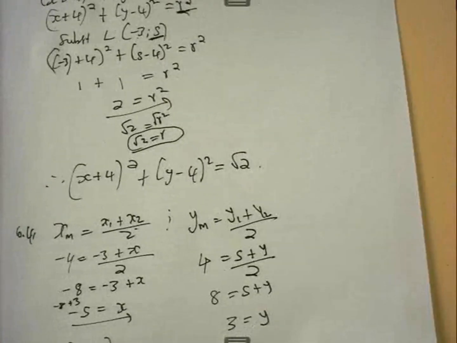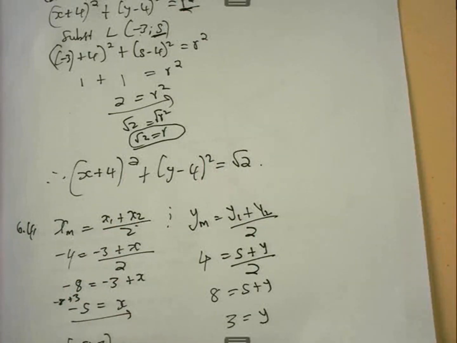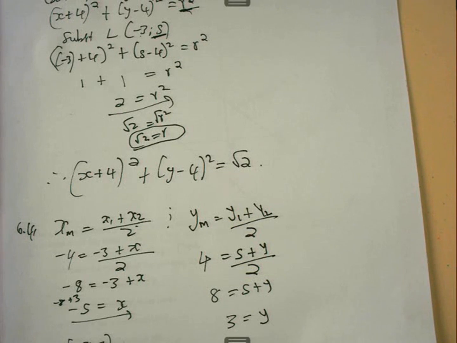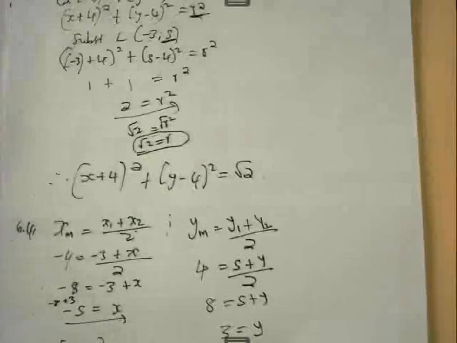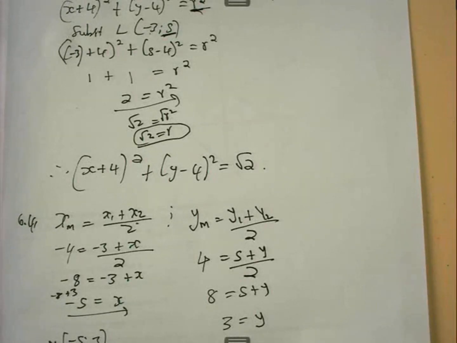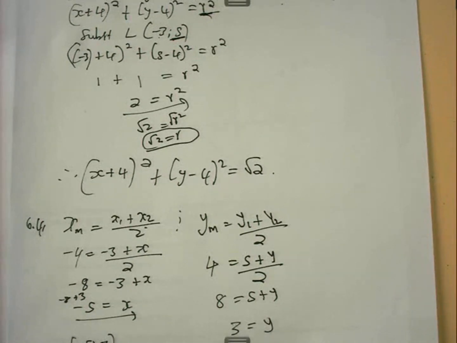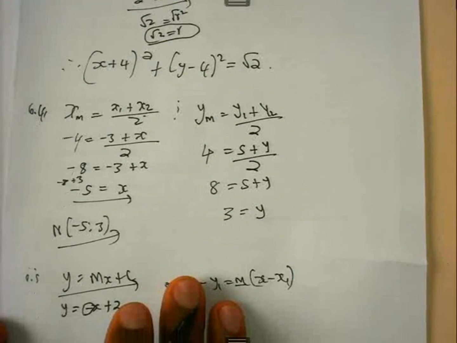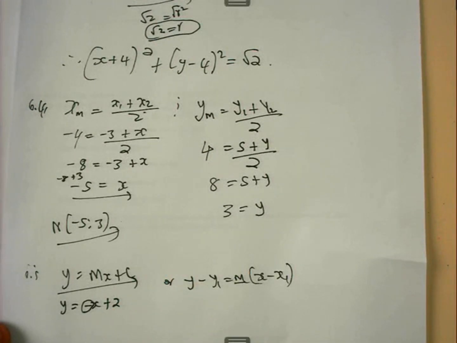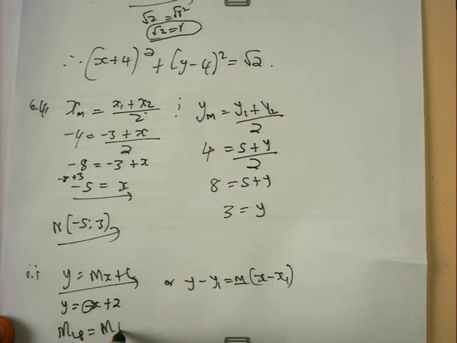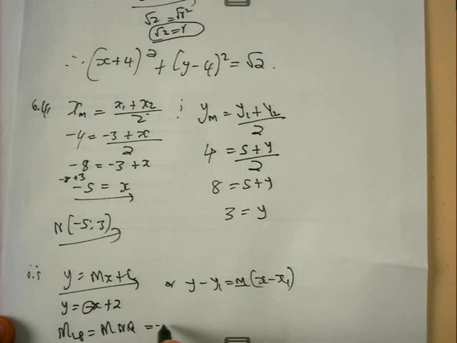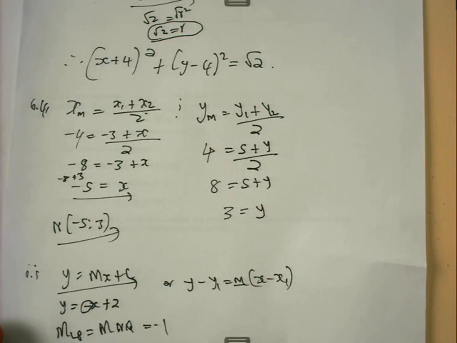You remember the equation of LP is y equals minus x plus 2. Immediately we can see the gradient is minus 1. Therefore the gradient of LP is equal to the gradient of NQ, which is negative 1.